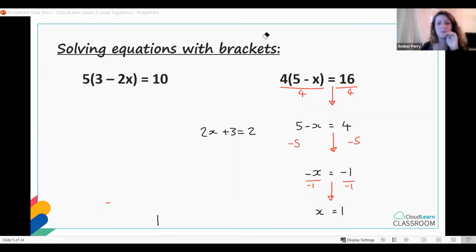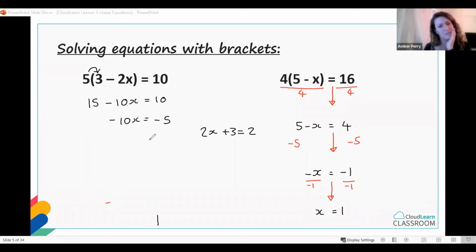If you were to multiply out the brackets here, you would end up with 15, because 5 times 3 is 15, minus 10x equals 10. Then you would just solve this as a linear equation. So you would subtract 15 from both sides. So you'd have minus 10x is 10 minus 15, which is minus 5.